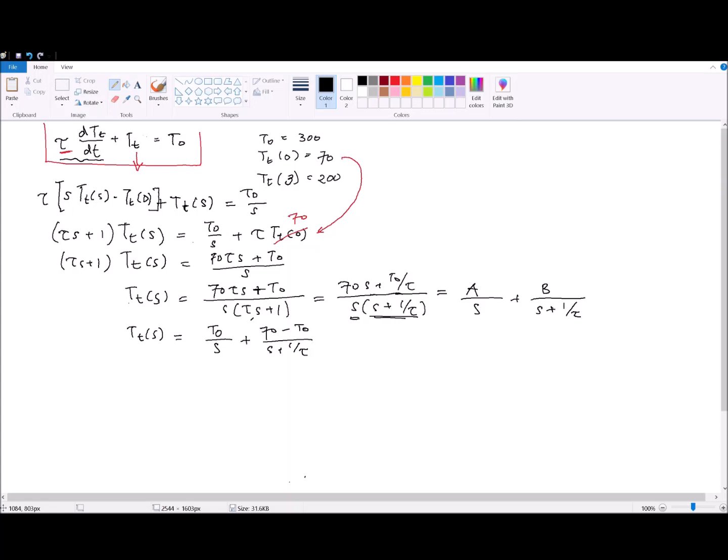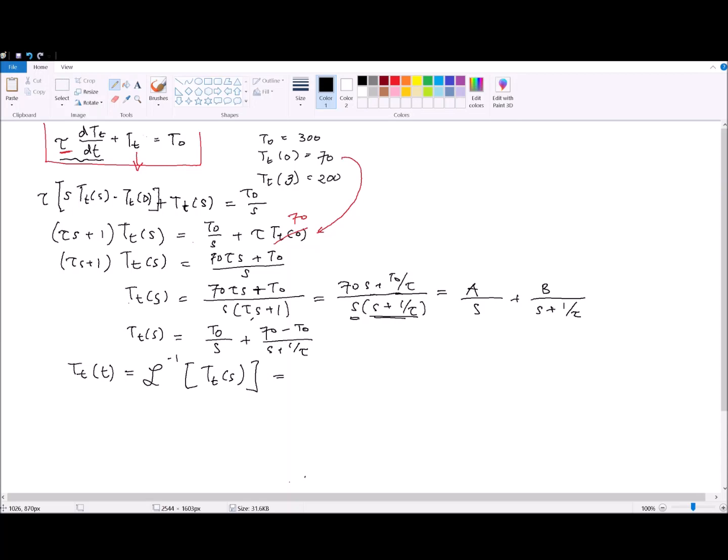Once you have this form, you can simply refer to the Laplace table and find T sub t in the time domain. This will simply be the inverse Laplace of this function in the Laplace domain.